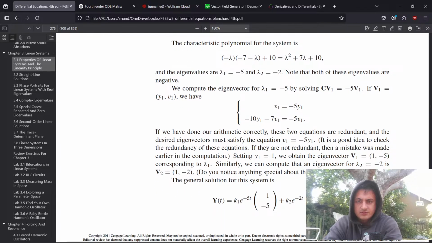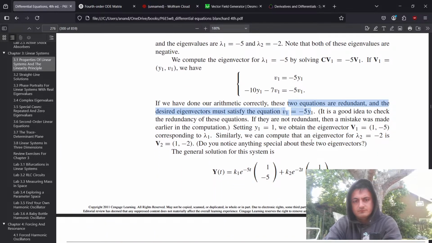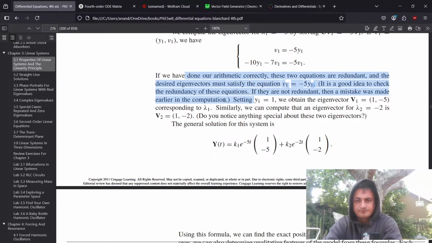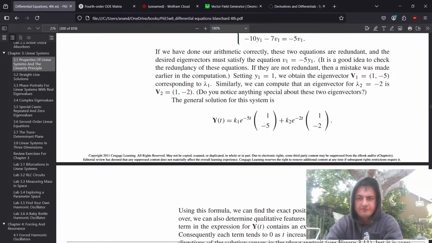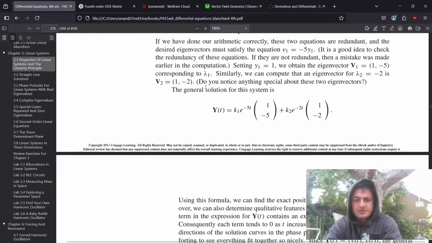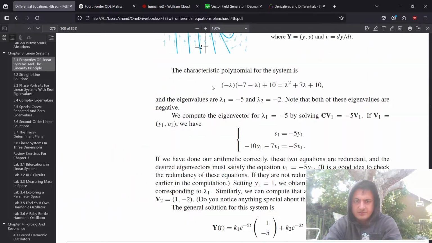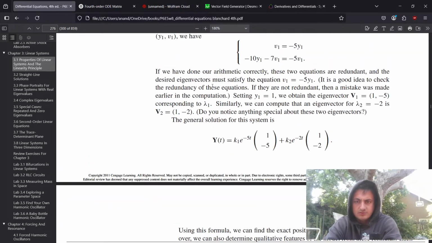If these two equations are redundant, if they're not redundant, a mistake was made. Okay, set y1 equal to 1, and you get the eigenvector. Similarly, we compute the eigenvector for lambda 2 equal to minus 2 is 1, minus 2. Do you notice anything special about these? Let's see.